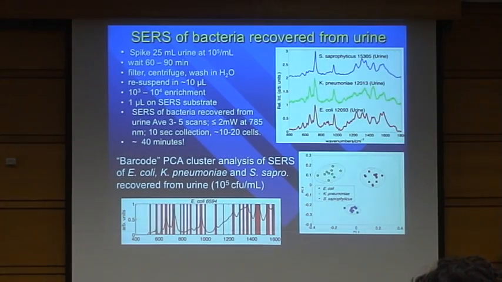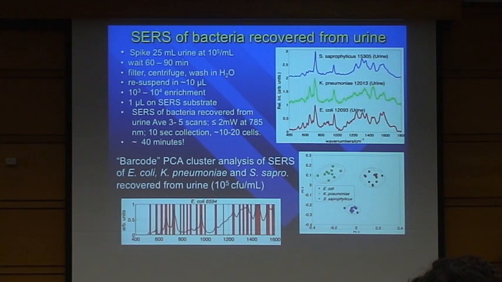Okay. So here's some of our attempts to develop a procedure this way. We can spike urine with bacteria. So I haven't done anything with clinical samples. We just spike urine with bacteria and leave them in there for a while. And then we filter and centrifuge, so nothing fancy.